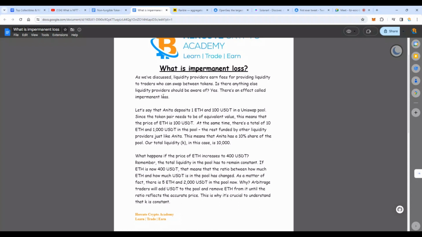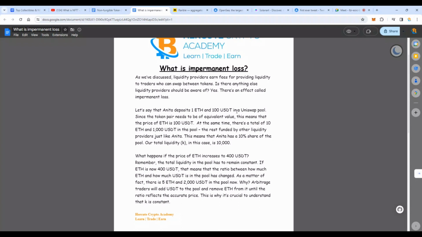Now, let's say that Anita deposits 1 Ethereum and 100 USDT in a Uniswap pool. Remember, we said when you're providing liquidity, both tokens have to be of equal value.